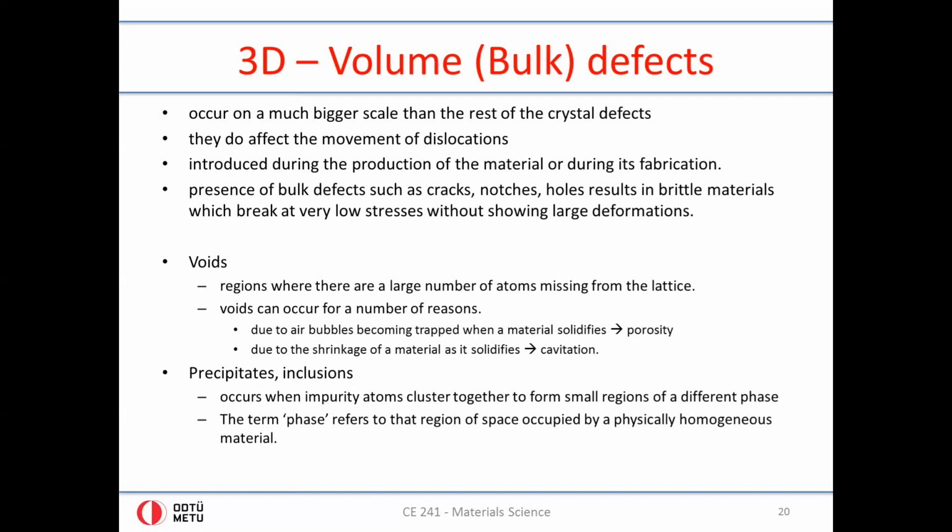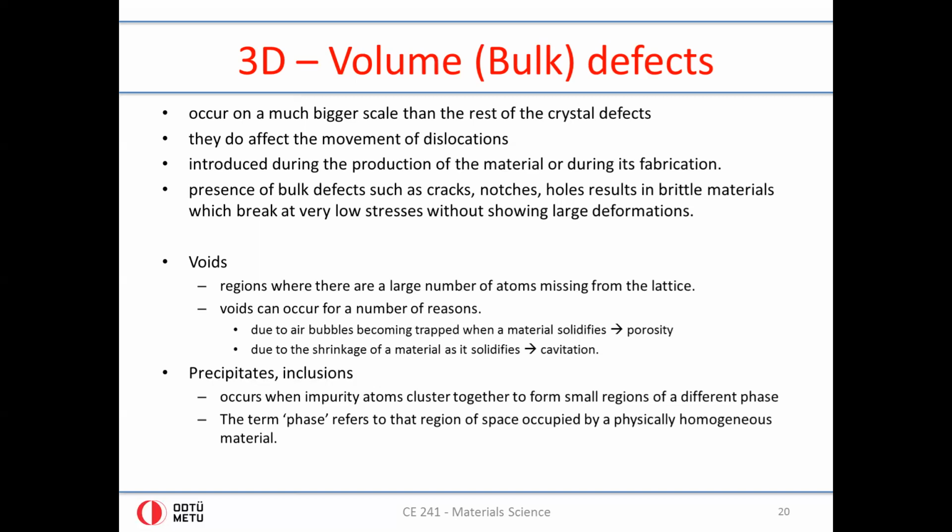So cracks, holes, notches, etc., in materials that are able to break without bending, so-called brittle materials like glass, not an example of a crystal, but nonetheless, would cause a great difference in behavior.